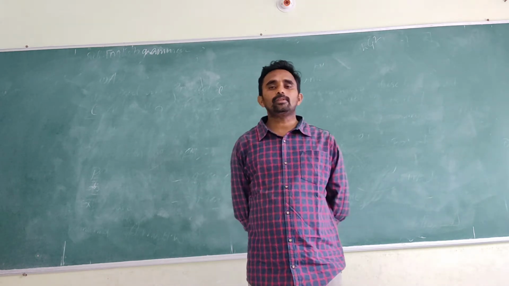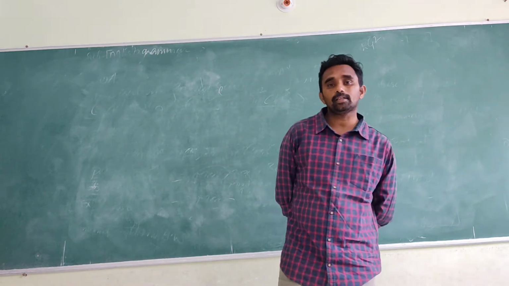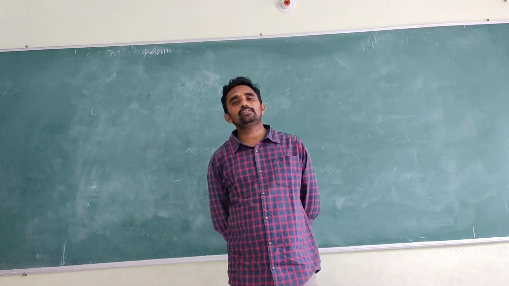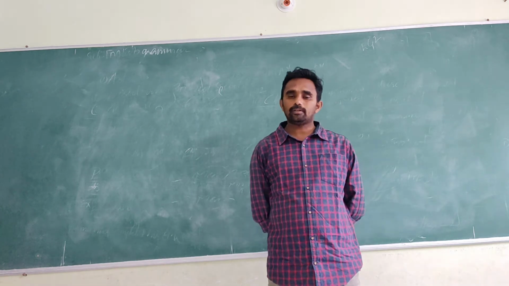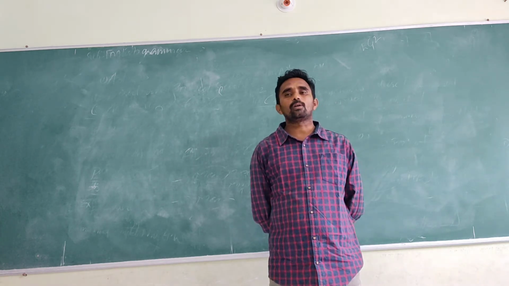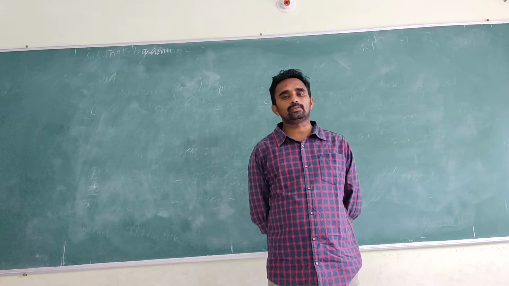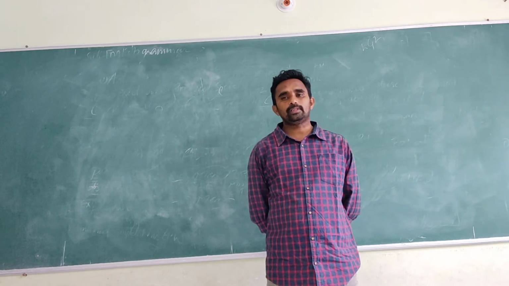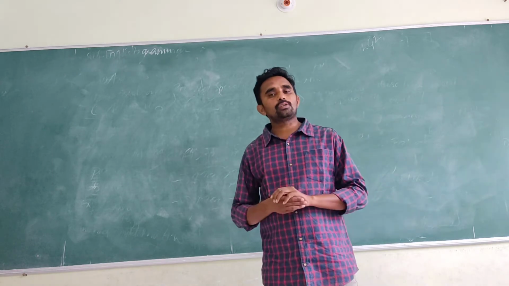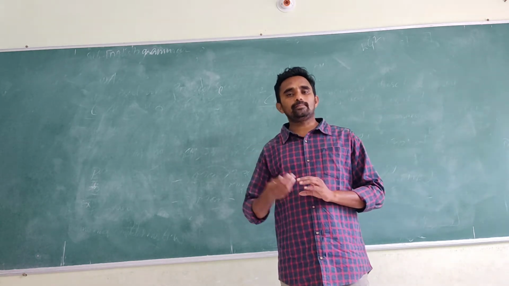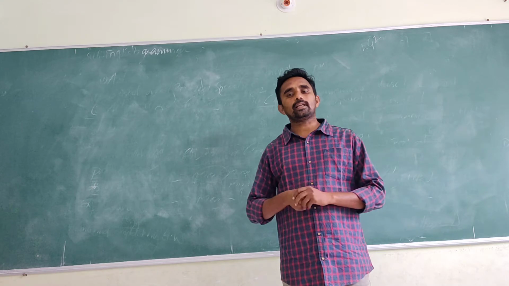And we discussed the definition of climate. What is the definition of climate? The average weather conditions of a larger area over a longer period, that is 30 years and above, is known as climate. We also discussed that the graphs which show weather and climate are known as climographs or climatographs.